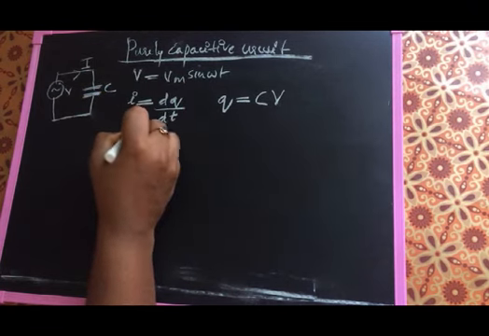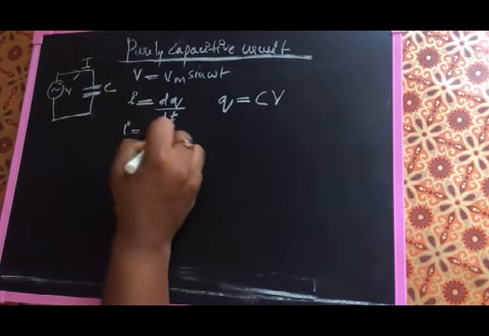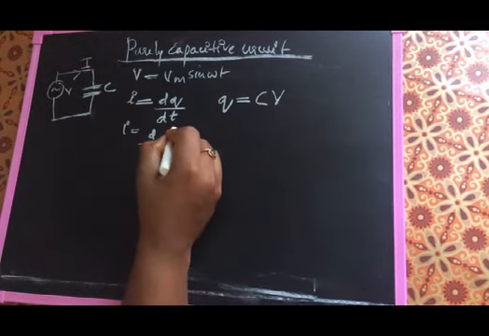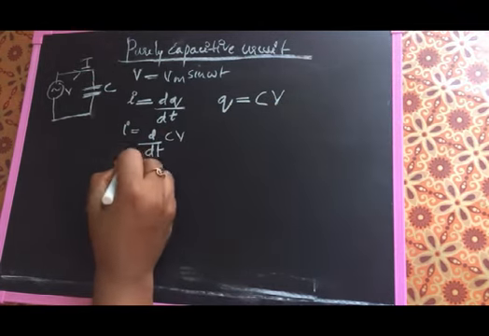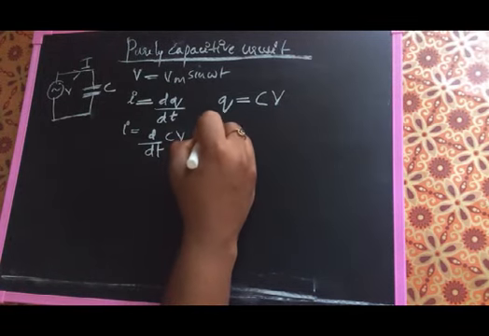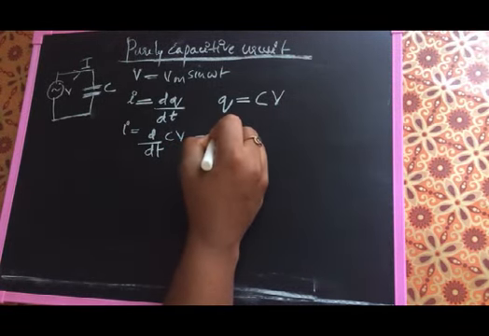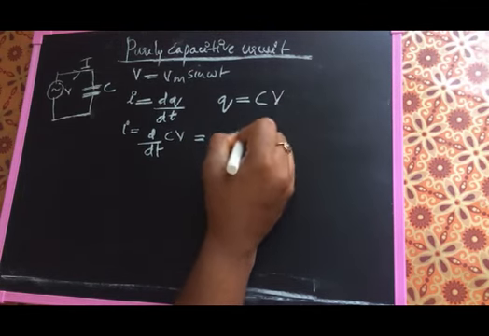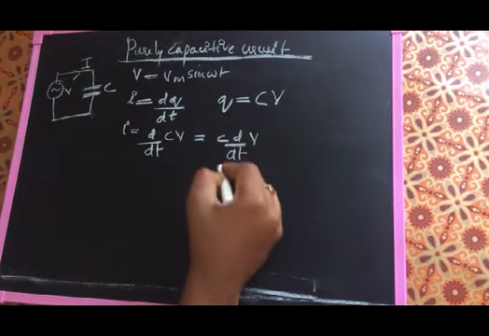So we are going to replace this. I is equal to d by dt of q, that is c into v, that is equal to c d by dt of v.